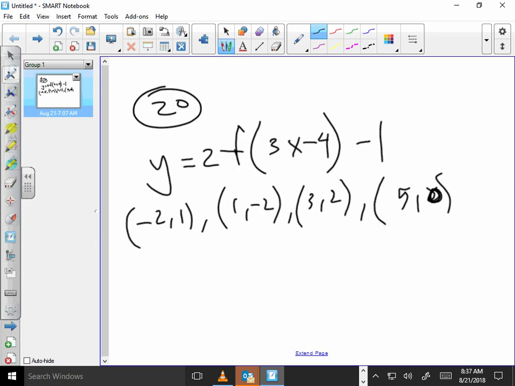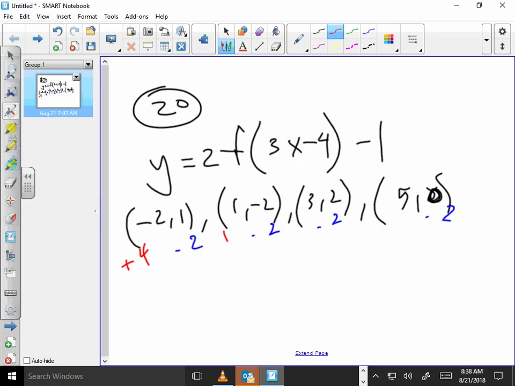So what's the first y transformation I'm supposed to do? Multiply the y's by 2. Good. And what's the first x transformation I'm supposed to do? Add 3. That's right. Inside is opposite. Add 4.